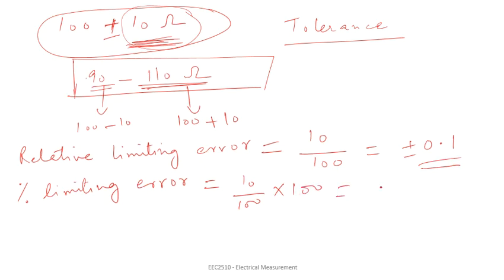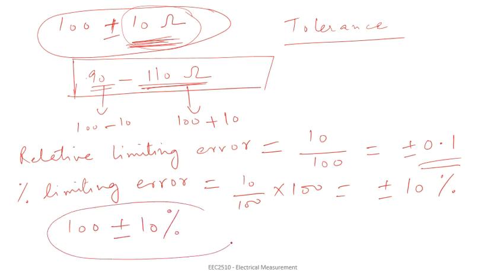That will come as plus minus 10%. So this can also be written as 100 plus minus 10%. This 10% will indicate the percentage limiting error.